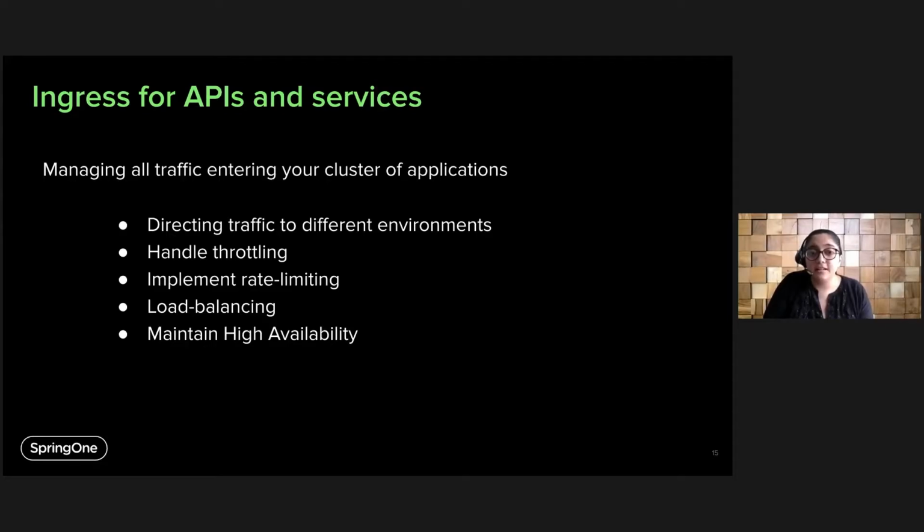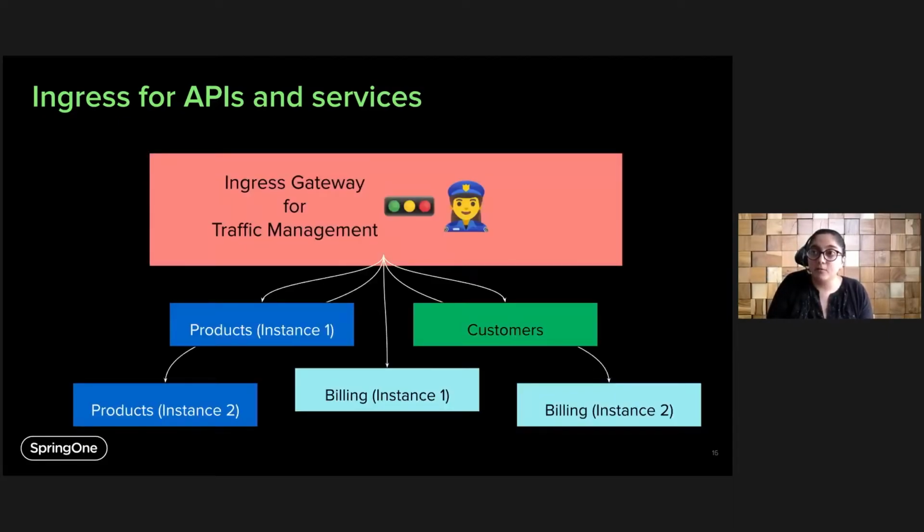If your need is to manage directing traffic entering your cluster to different environments, handling throttling, rate limiting, load balancing, or even high availability, what can you really apply in this case? Here is where an ingress type gateway for traffic management is quite helpful. It will allow you granular control of your overall traffic entering your cluster.